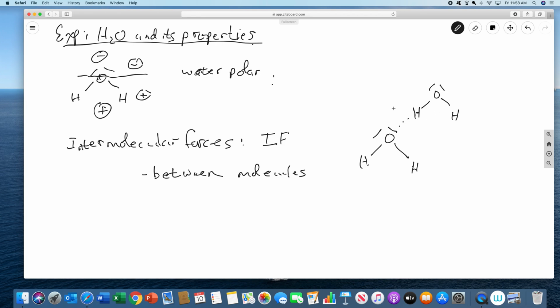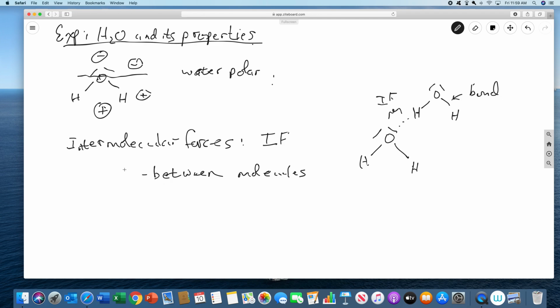This is an intermolecular force. This is between the molecules here. This is a chemical bond. We've talked about chemical bonds a great deal in this class. The weakest chemical bond is stronger than the strongest intermolecular force. When you break and form intermolecular forces, that's a physical change. When you break and form these, it's a chemical change.